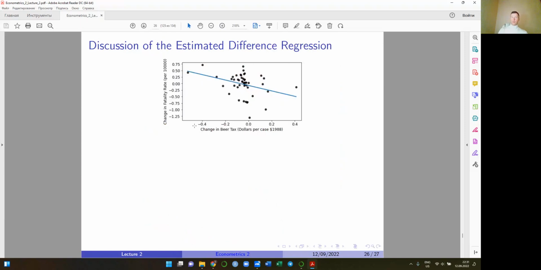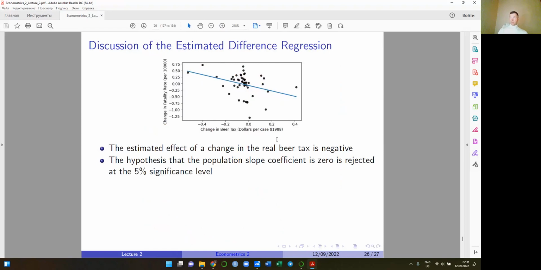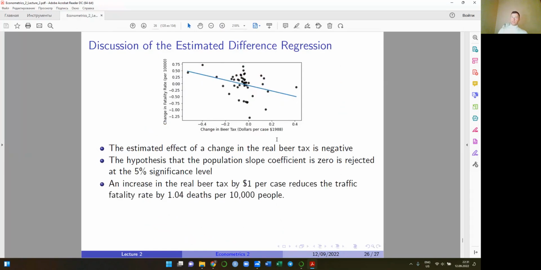This is a scatter plot when we regress the change in fatality rate on the change in BRICS. The estimated effect is negative and statistically significant, and we can conclude with the help of this estimate that increasing the real beer tax by $1 per case reduces the traffic fatality rate by 1.04 per 10,000 people.